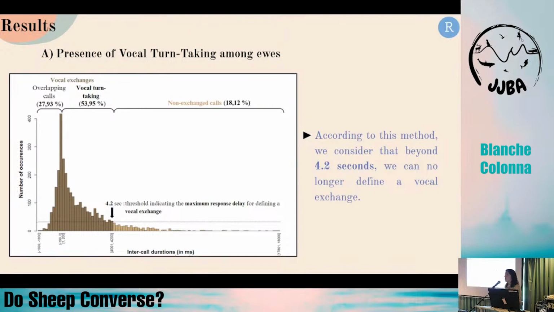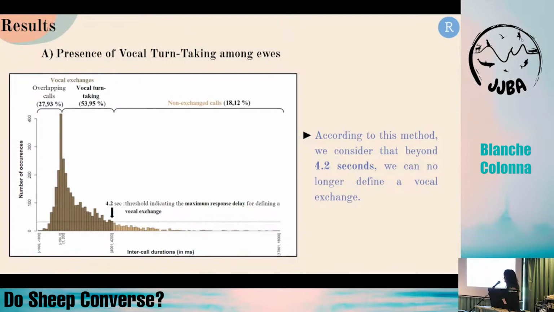So we used the method used in previous studies, based on the last maximum that is above the dotted line, which represents the mean of occurrences. It's an arbitrary value, but with that, we could consider that if the intercall duration is superior to 4.2 seconds, then we could no longer consider that we have vocal turn-taking. With this, we have 54% of vocal turn-taking in our data set.